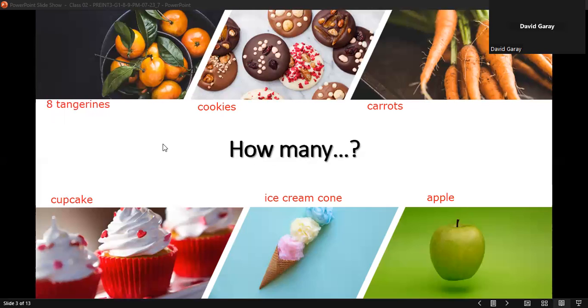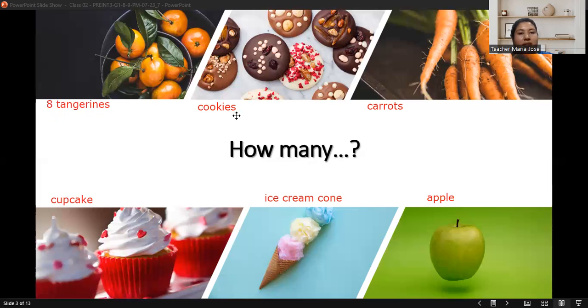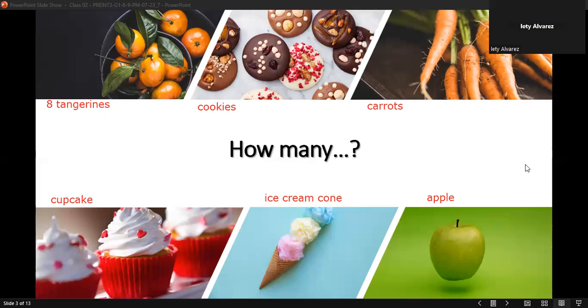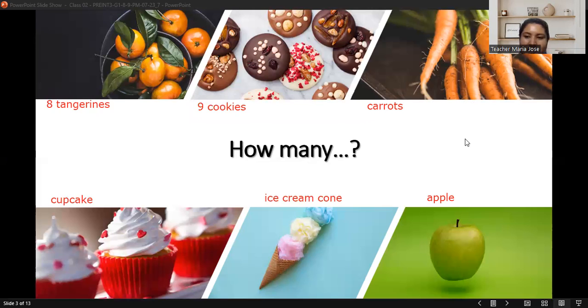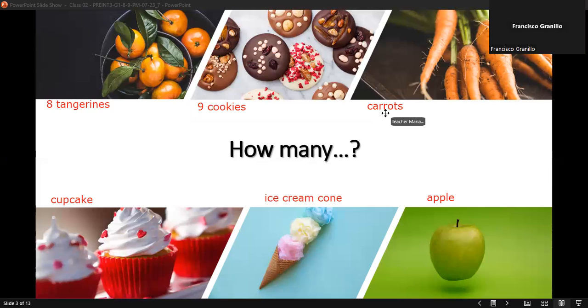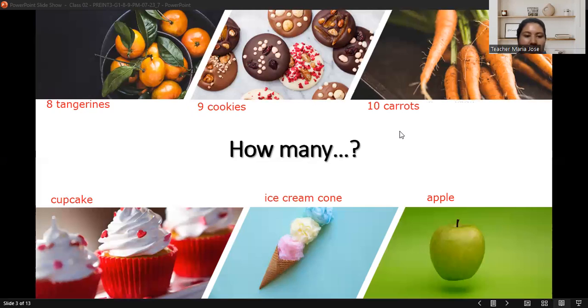How many cookies are there? 9 cookies. Okay. How many carrots are there? 10. 10 carrots. Okay, very good.